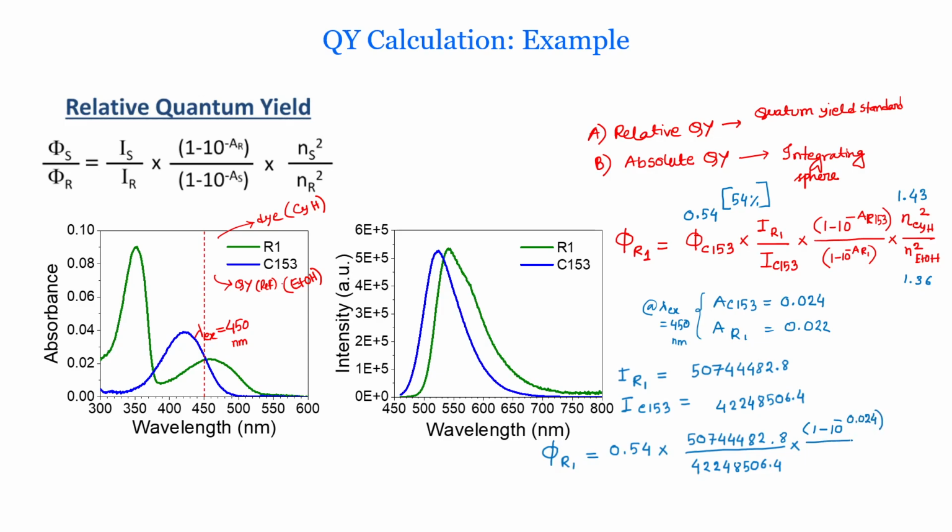Don't forget the minus sign. We can actually neglect this term as this is equal, you can say. And what is this value? 1.43, 1.43 square and 1.36 square. So I'll use my mobile calculator to get these values.